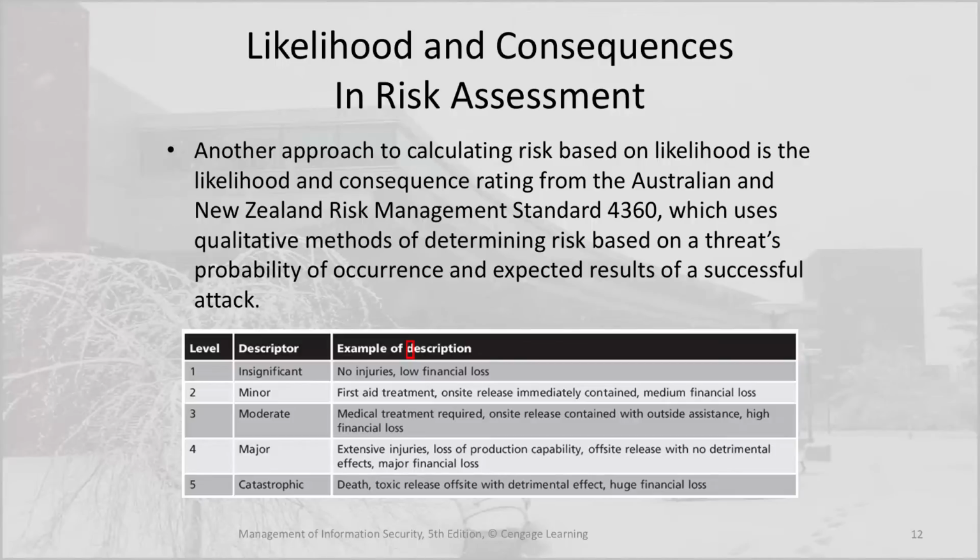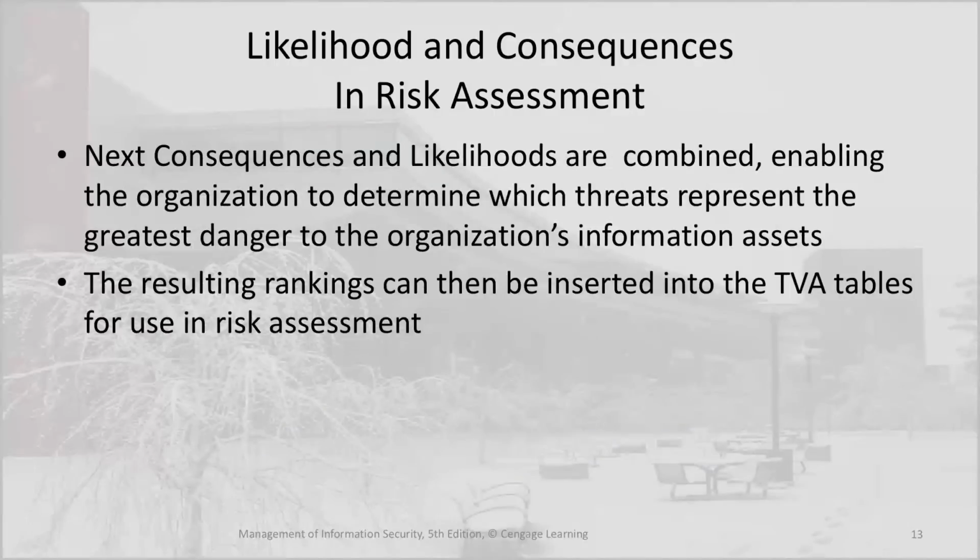These range from level 1, which is insignificant, to level 5, which is catastrophic. Next, consequences and likelihoods are combined, enabling the organization to determine which threats represent the greatest danger to the organization's information assets. The resulting rankings can then be inserted into the TVA tables for use in risk assessment.